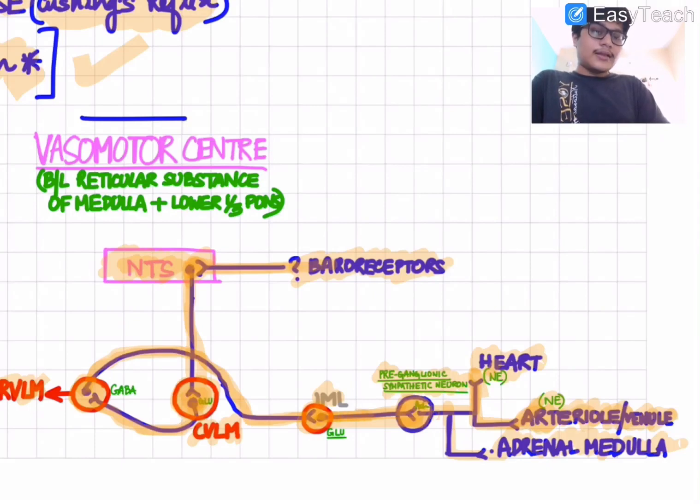The IML, that is the intermediolateral cell column, gives out cholinergic efferents which supply the preganglionic sympathetic neuron, and the preganglionic sympathetic neuron will release, via postganglionic neurons, norepinephrine in the heart, in the region of the arterioles and venules, and will also stimulate the adrenal medulla.